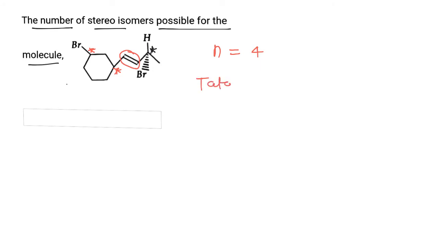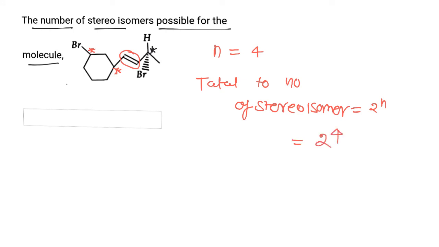So the total number of stereoisomers is equal to 2 raised to the power n, where n is the number of stereosites, and this formula can be applied when the molecule is unsymmetrical. Now this molecule is unsymmetrical, so the total number of stereoisomers is 2 raised to power 4. So 16 isomers are possible.